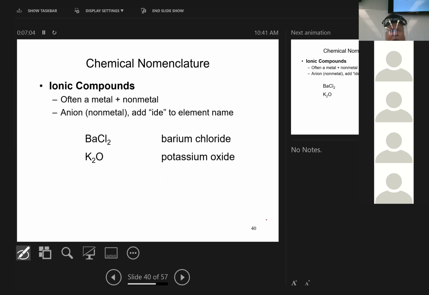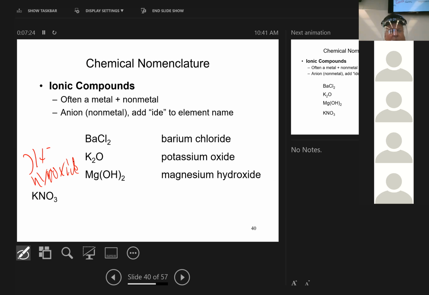Potassium oxide, wonderful. What's that? Based on what I told you, the OH minus is hydroxide, and that's just one you have to learn, but it kind of fits with the others also. What is it? Very good.